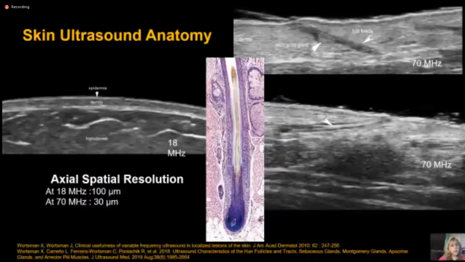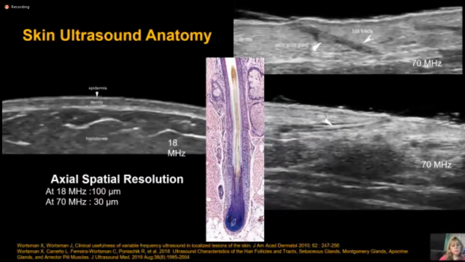Then you see the dermis, which appears as a hyperechoic band, less bright than the epidermis, and the echogenicity of the dermis is provided by the collagen content. Then at the bottom, you can see the hypodermis, which is mainly hypoechoic, and its echogenicity is provided by the fatty tissue.